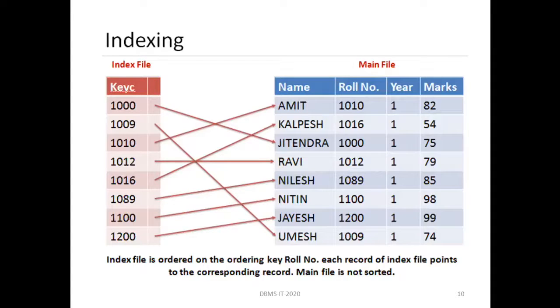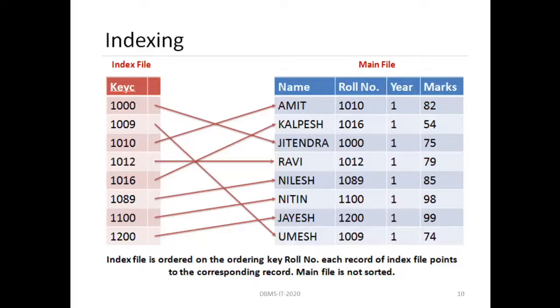If you want to understand what is actually happening, you can think of the book as a database and the index file as the index of the book. When you want to access some particular topic from the book, you just search the index, and that index is very short, just the topic name and the page number, and this page number will give you the total description of your topic.